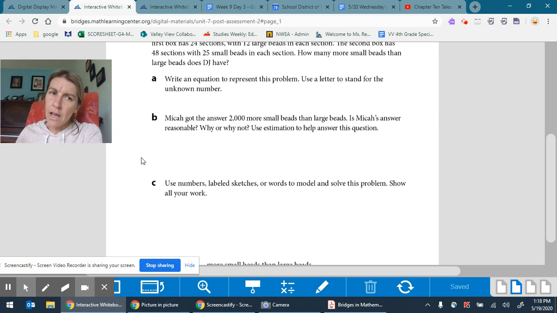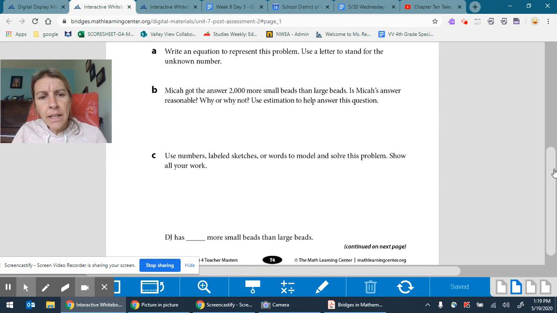Use estimation to help solve. So decide what you'd say there. And then C, it says use numbers, labeled sketches, words to model and solve this problem. Show all your work. And in the end, DJ has how many more small beads than large beads? So what was the answer to that first equation that you already saw how to write? All right, pause and go solve.